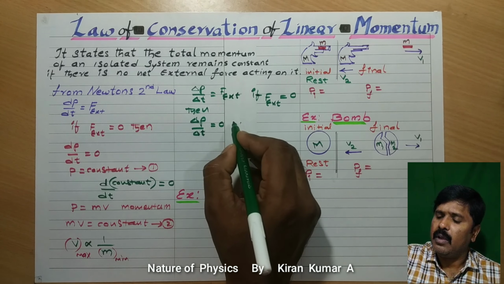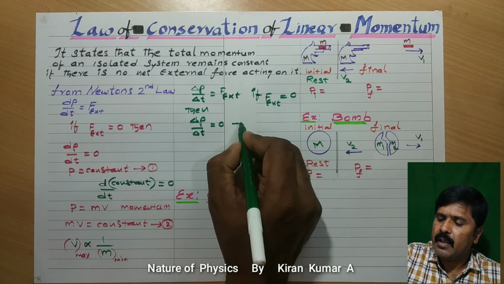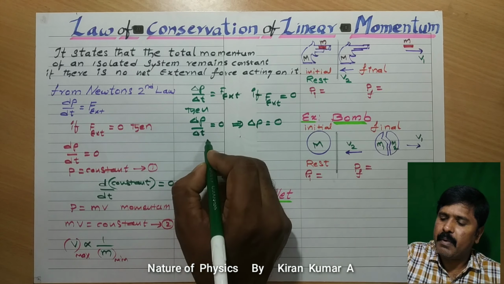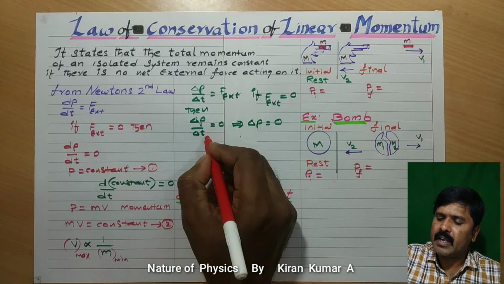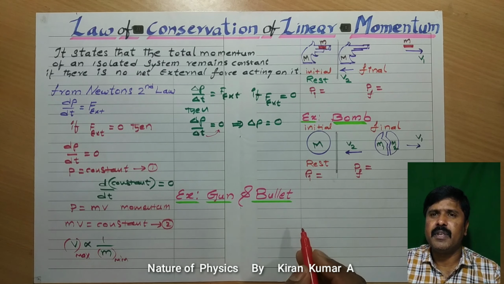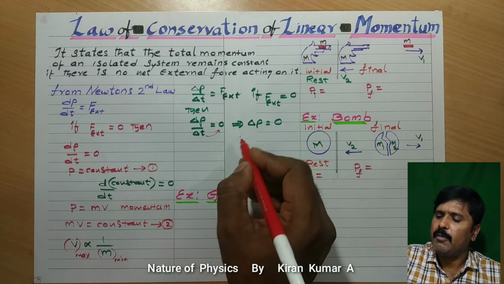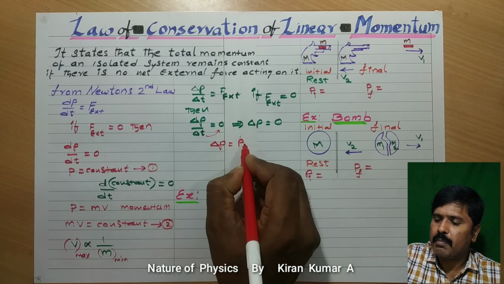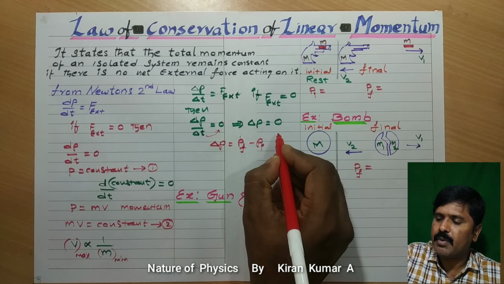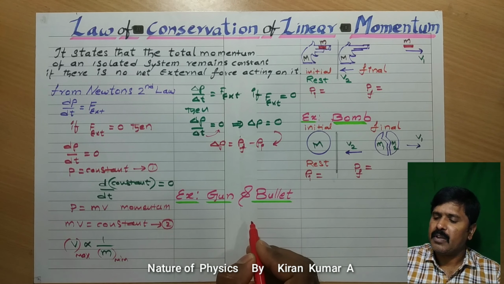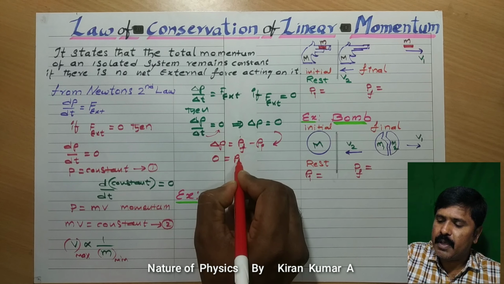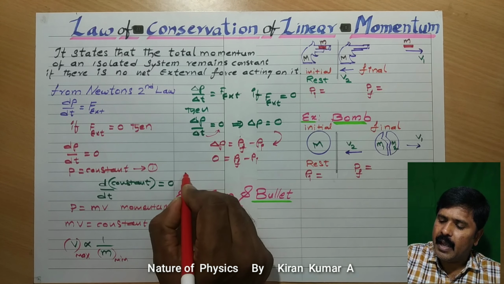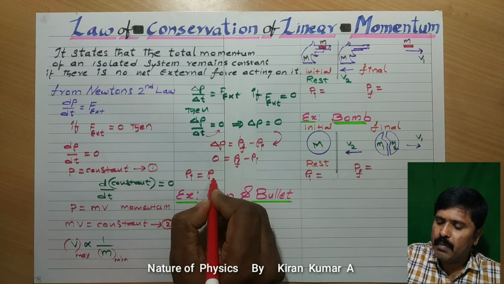Now delta p is equal to 0, which means p is constant. But here the average value is considered, that's why delta p is equal to pf minus pi. Replacing the value, 0 is equal to pf minus pi. So I can write pi is equal to pf.